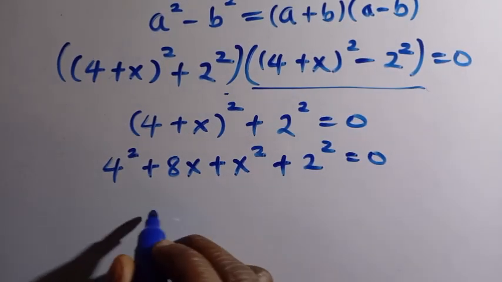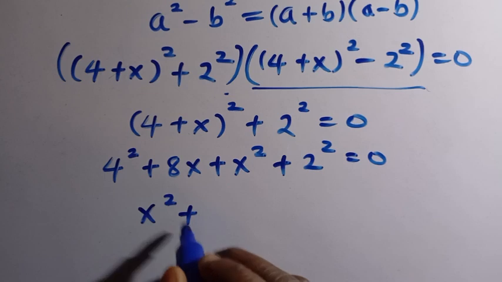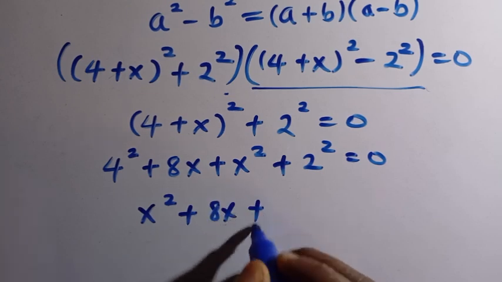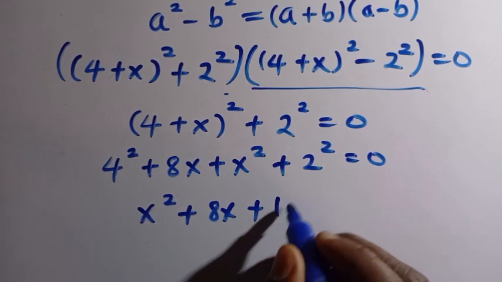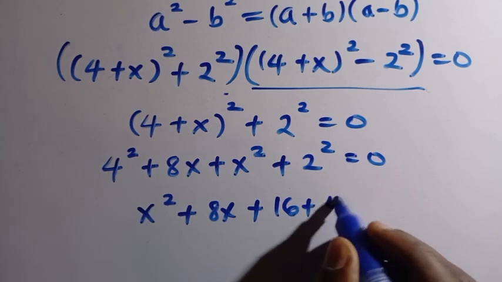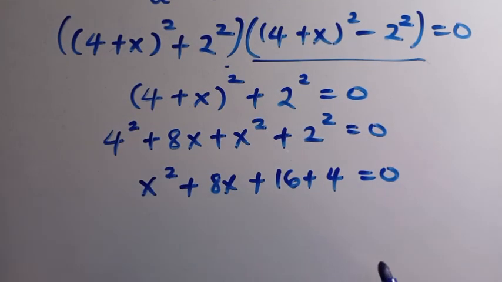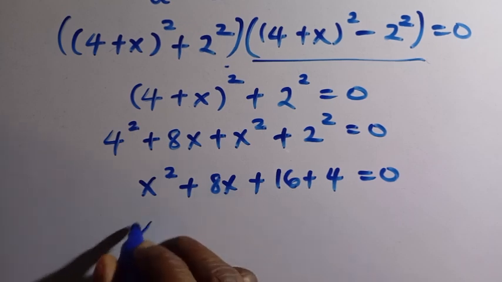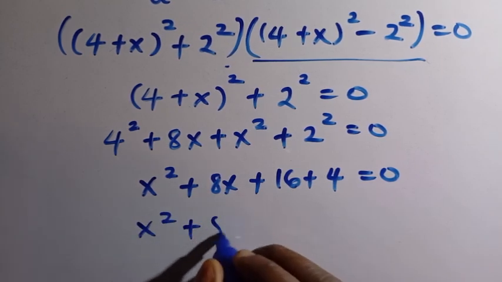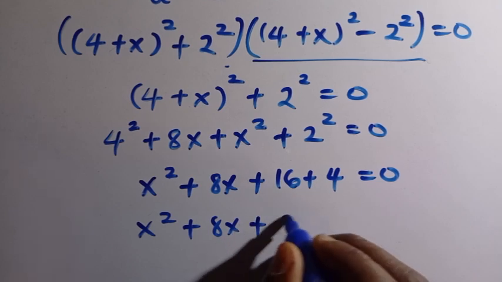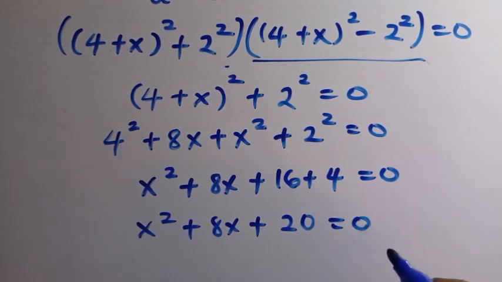And here we have x^2 + 8x + 16 + 4 = 0. So on getting to this stage, we have x^2 + 8x + 20 = 0.